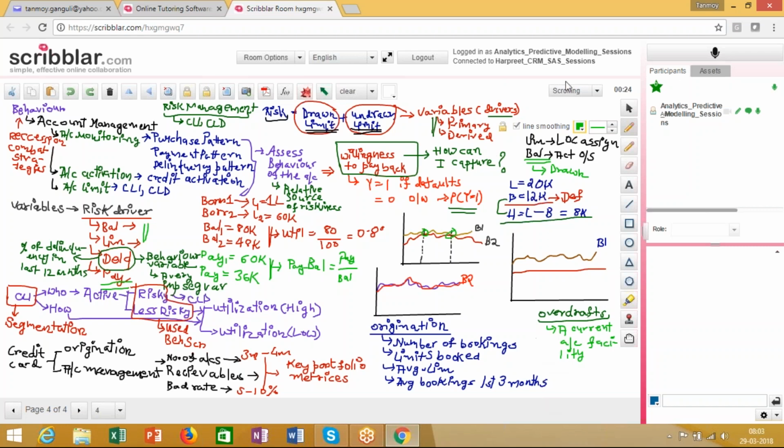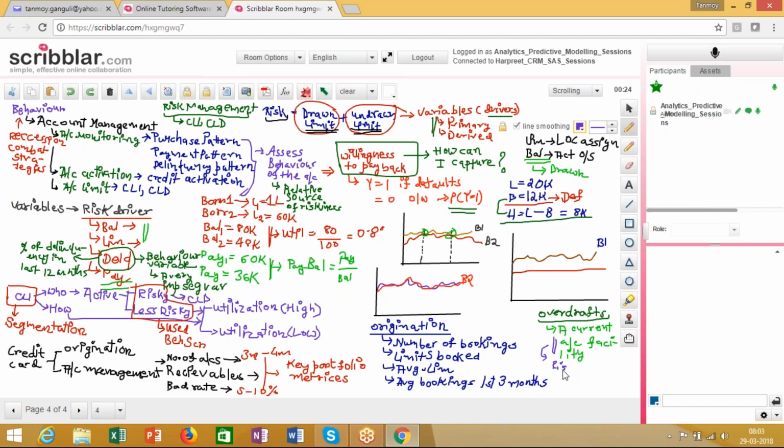Now, understanding this concept of overdraft is really important, because the existence of a current account facility becomes a very important factor when we are dealing with personal loan model development or model development of such closed-end products. So this is a very good risk differentiator going forward.